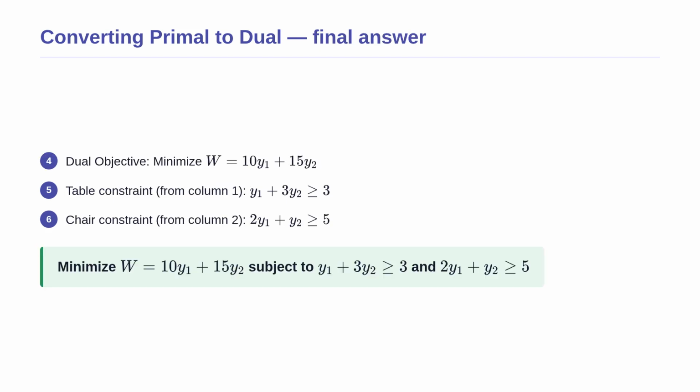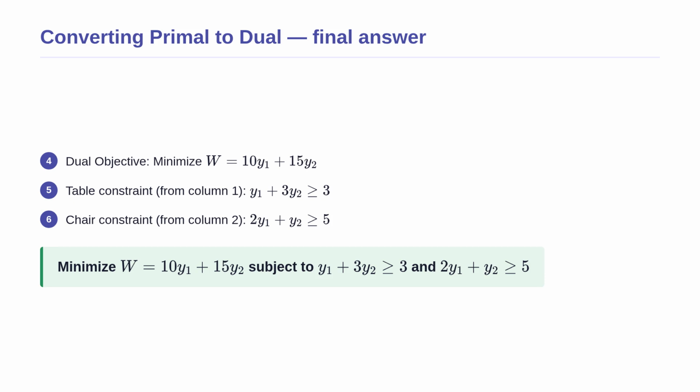Now, let us convert this primal problem into its dual. Since the primal maximizes profit, the dual minimizes resource valuation, which we will call W. The resource limits, 10 and 15, become our new objective coefficients, giving W equals 10y1 plus 15y2. Next, we convert the columns of the primal into the rows of the dual.